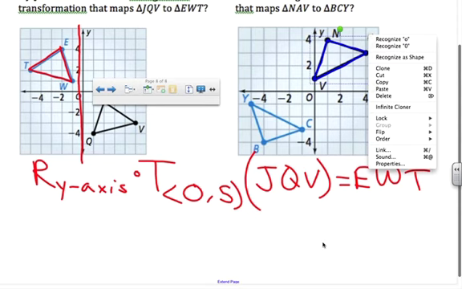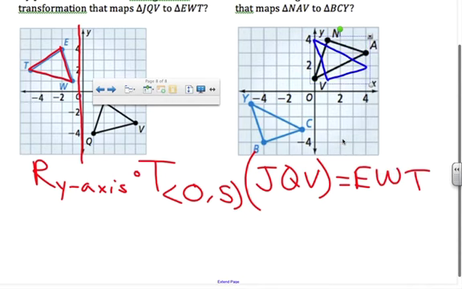And could we end up with the right answer by doing it over the y-axis? Yes. It might take a couple of extra steps, and it's one of those things that once you do it a couple of times, you kind of get a feel for it, right? But I'm flipping this up and down, and when I flip this over the x-axis, this is where the triangle ends up.